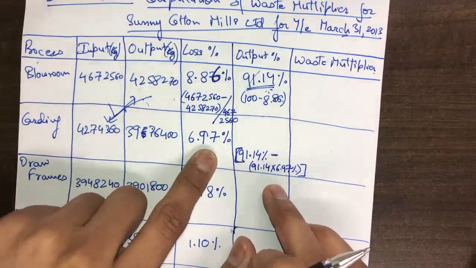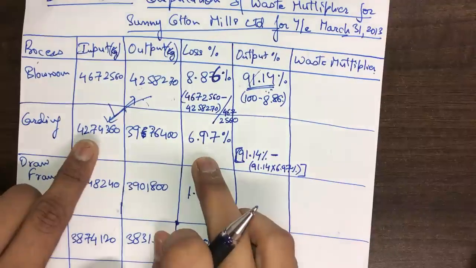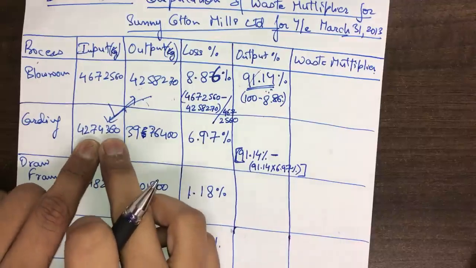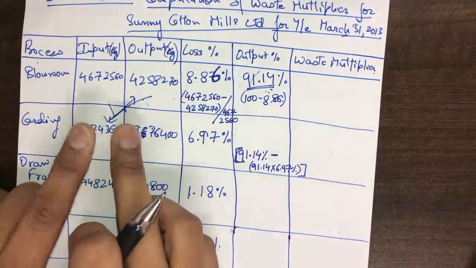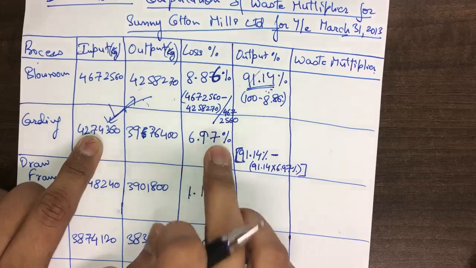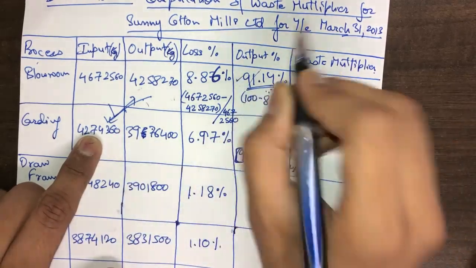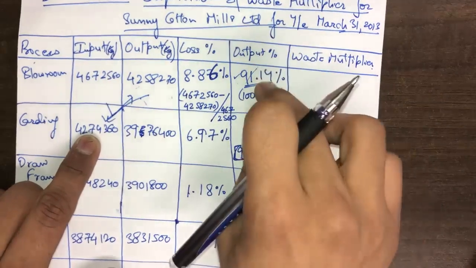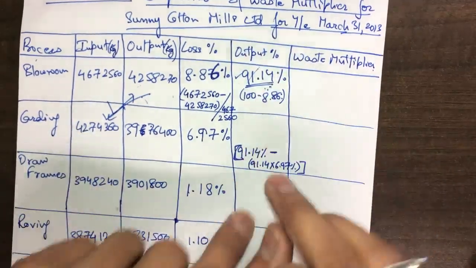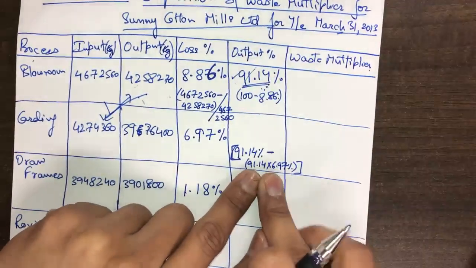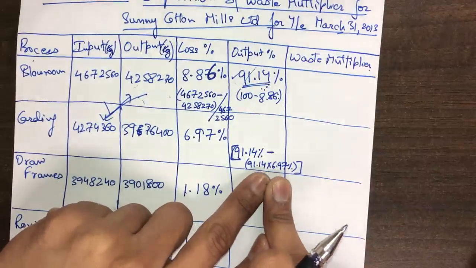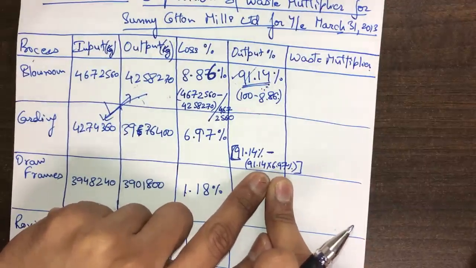So the loss percentage will never change. Even if the input is 4274360, even if input is 502000, whatever is the input, the loss percentage will never change. And hence, if the input is 91.14, then also loss percentage will remain the same. Then the loss will be 91.14 multiplied by 6.97%.